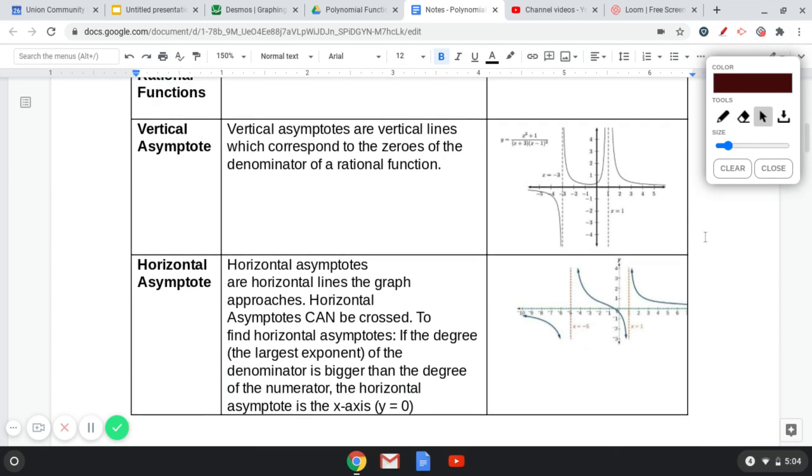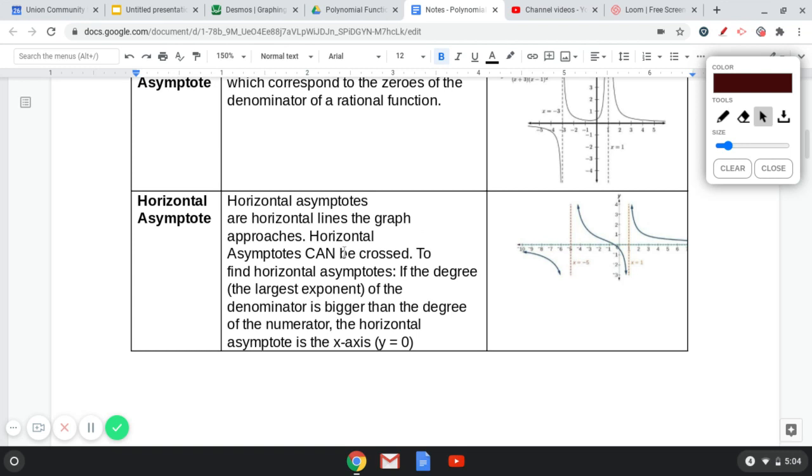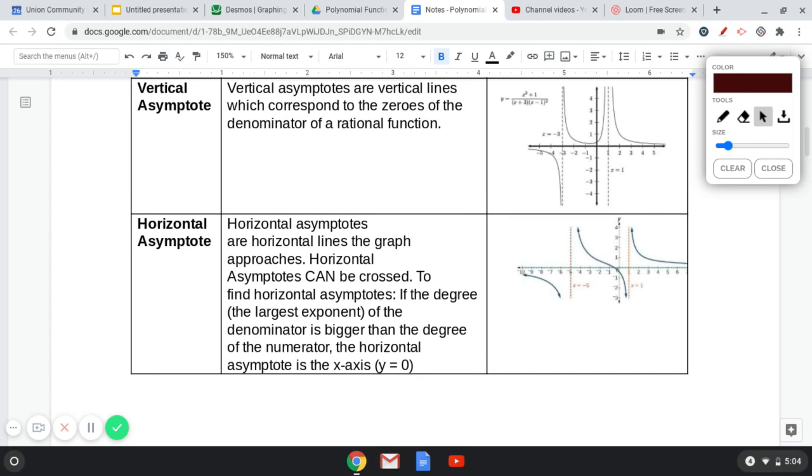Okay. So horizontal asymptotes actually can be crossed, for example, in this function here. To find them, if the degree, which is the largest exponent, of the denominator is larger than the degree of the numerator, then we have a horizontal asymptote, which is the x-axis.